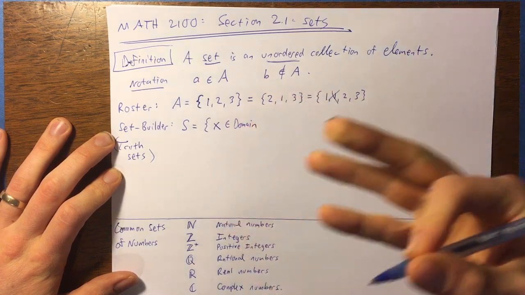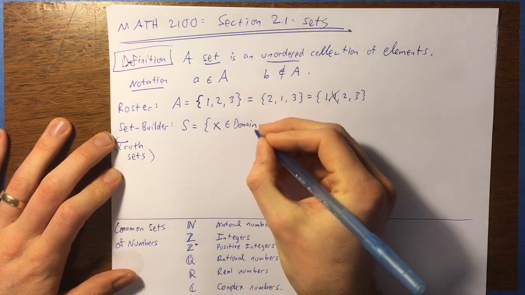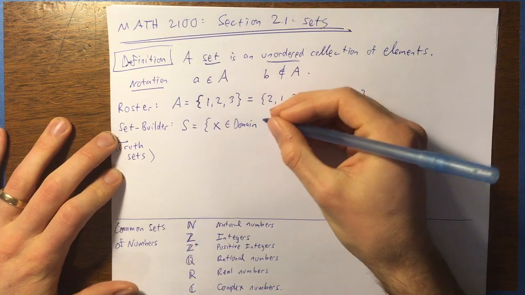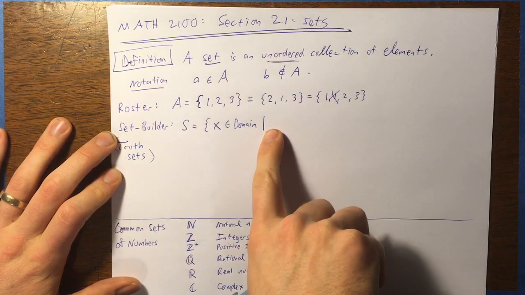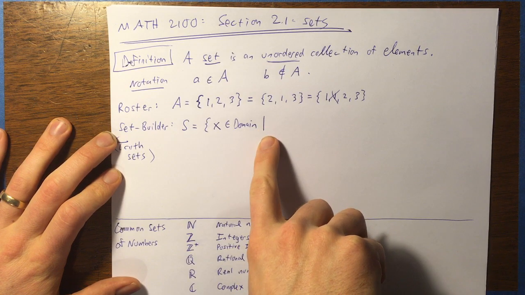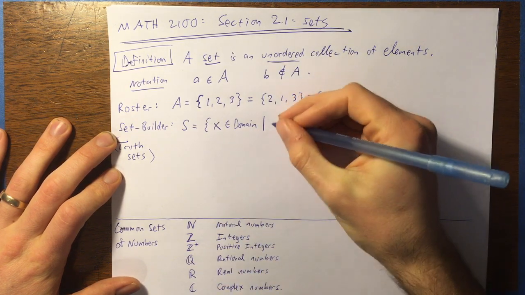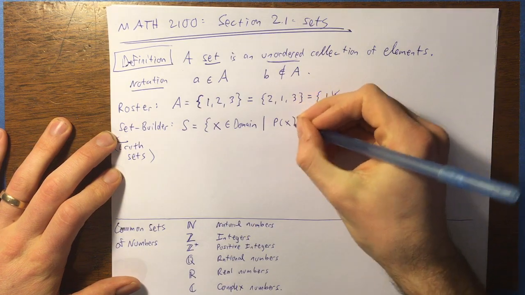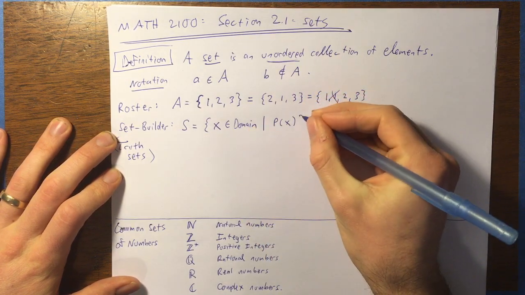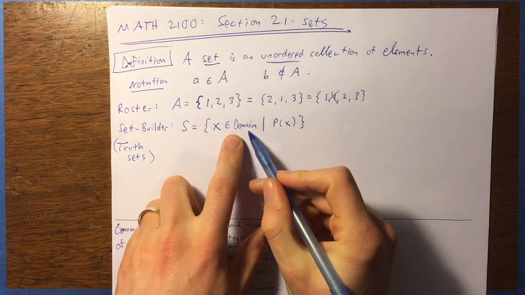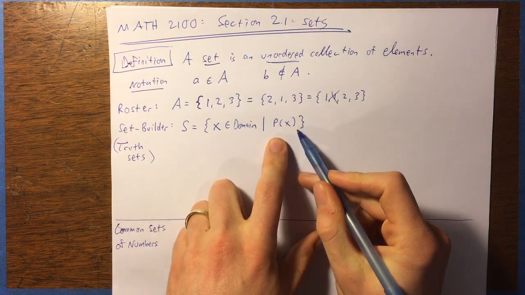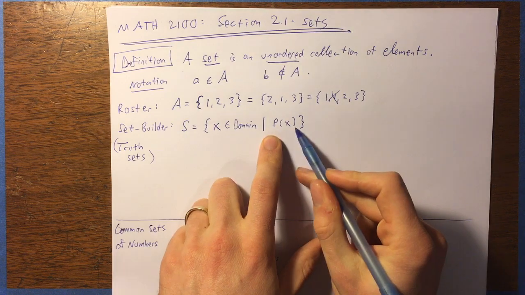That domain might be implied, or it might be stated explicitly right here in the notation. And then you use this vertical line, or sometimes a colon in place of that vertical line. And that is basically shorthand for such that. And you follow that up with some predicate about X. So this basically means it's the set of all elements X in this domain such that this predicate is satisfied. So you say some statement here.